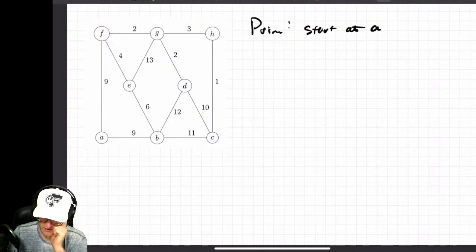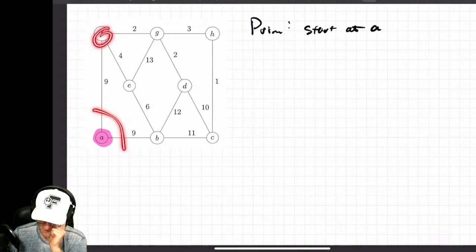So let's go ahead and start at A here, and I'll highlight them instead. A, there we go. And I'm looking out at these fringe vertices, right? F and B. And both of them are 9 here.